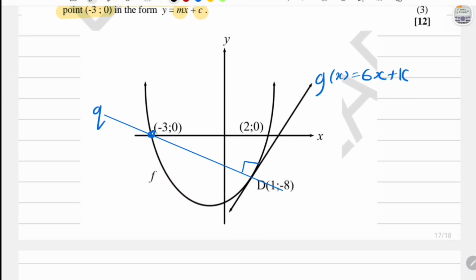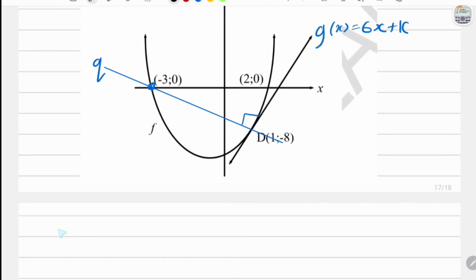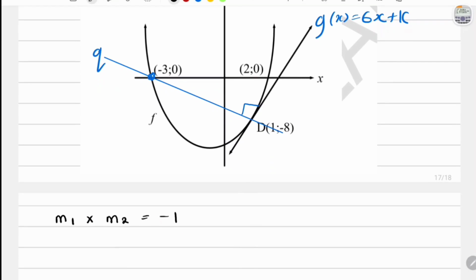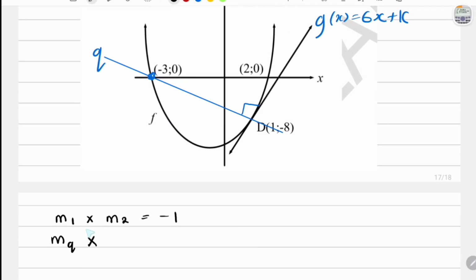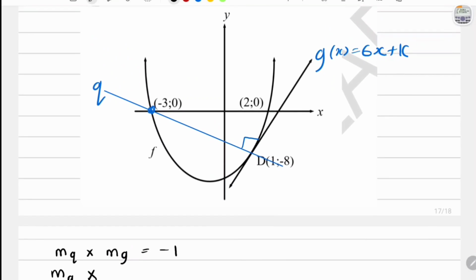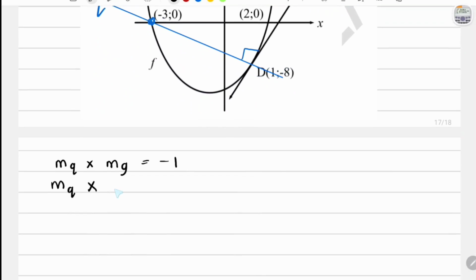If two lines are perpendicular, this is how the gradients work. The gradient of the first line multiplied by the gradient of the second line gives you -1. So if I call this m of q, the gradient of q multiplied by the gradient of g, and we already know the gradient of g is 6, that is going to give you -1.